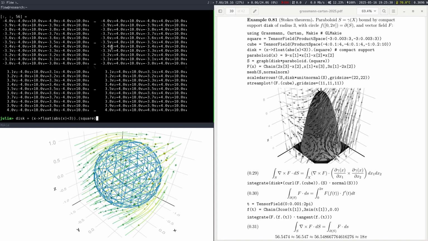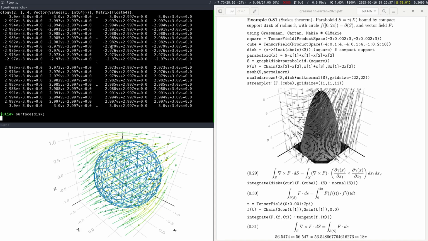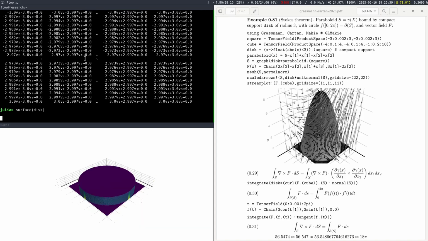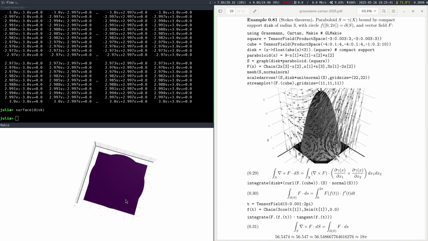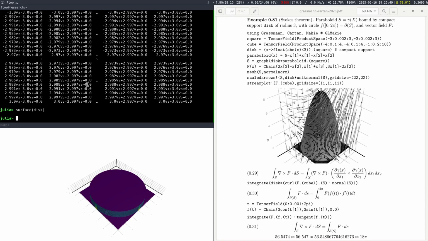And now this is the compact support disk. So we have this disk. This just ensures that we're within the radius of 3, okay? So that's why we have the disk here.